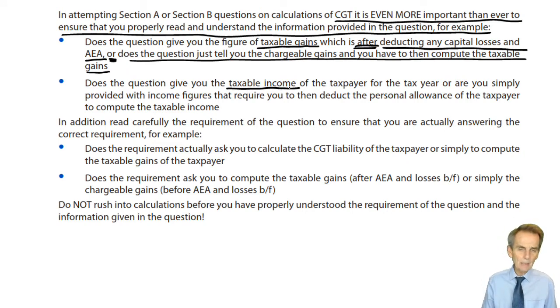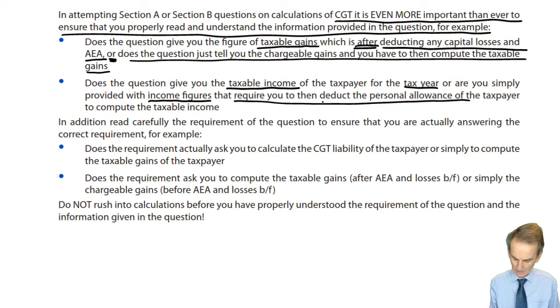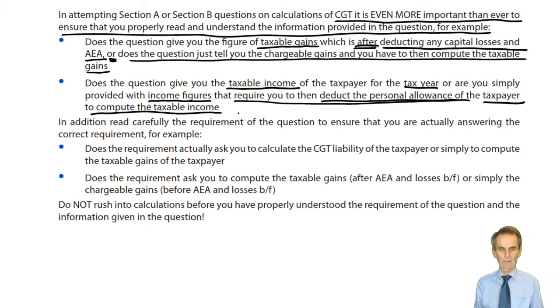That taxable income figure is therefore after having deducted any personal allowance of the taxpayer for the tax year. So does it give you the taxable income of the taxpayer for the tax year, or are you simply provided with income figures that require you then to deduct the personal allowance of the taxpayer to compute the taxable income.